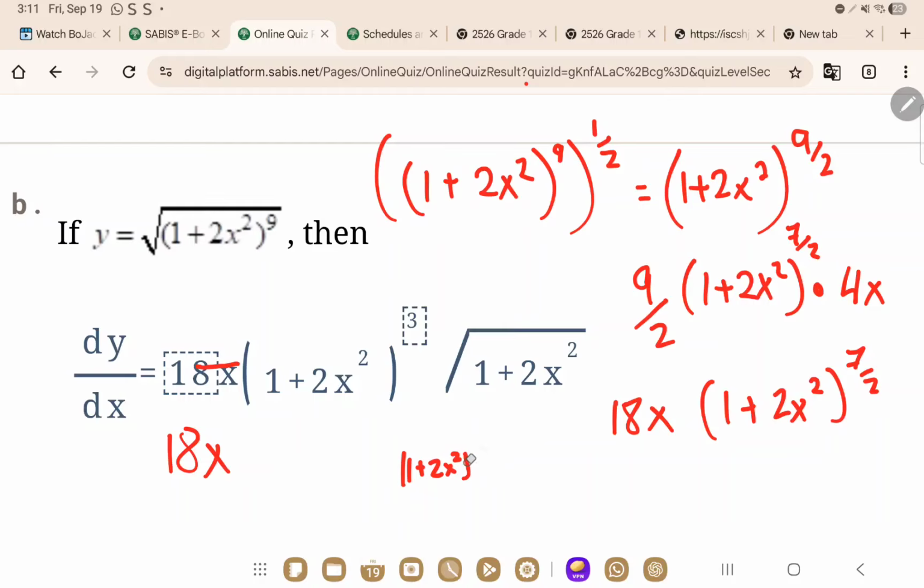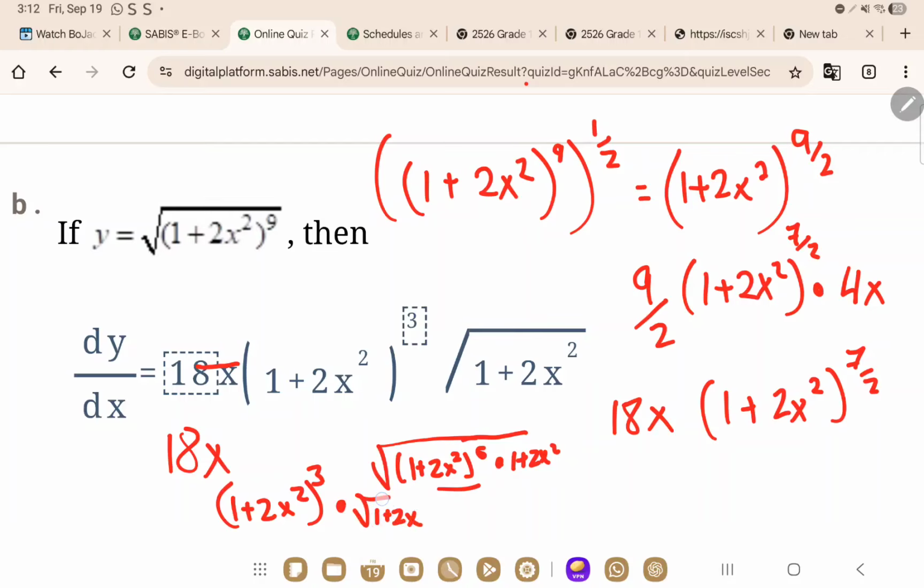Now what's power 7? It can be split up into this power 6 times (1 plus 2x squared). Now the power 6 can be taken out of the radical and it'll become power 3. So it's (1 plus 2x squared) to the power 3 times the square root of 1 plus 2x squared. And that's your final answer.